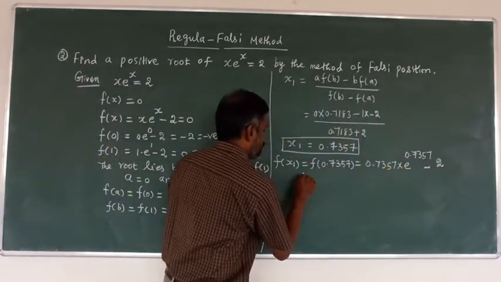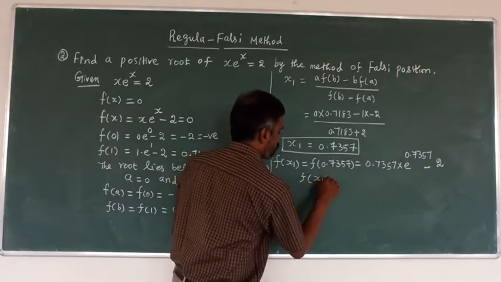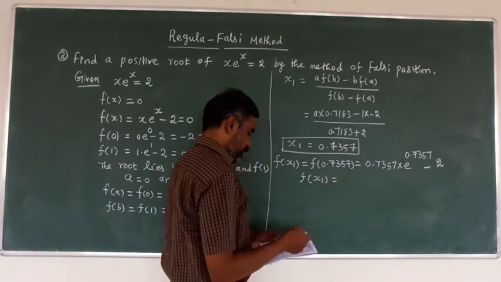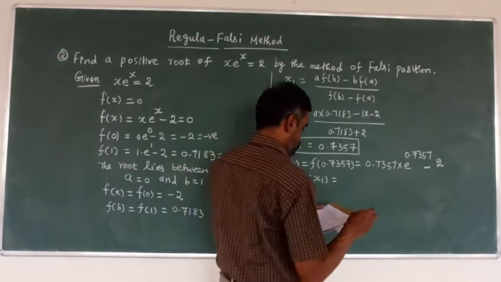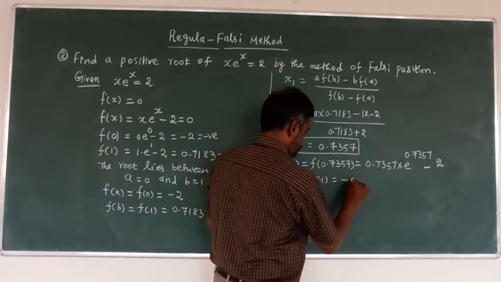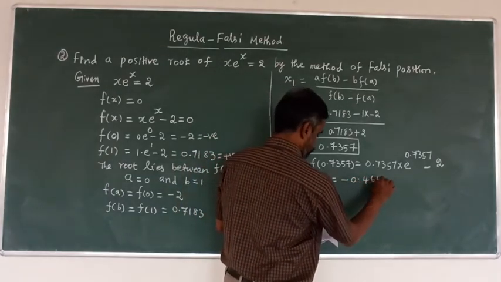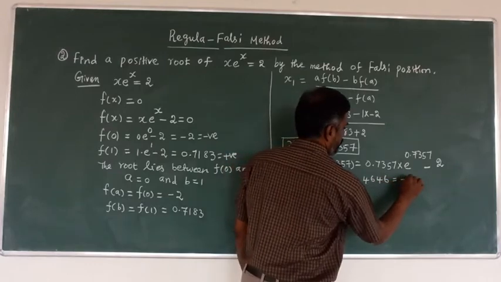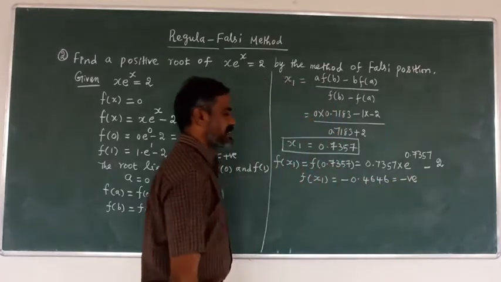We get the result f(x1) = -0.4646. This is a negative result.